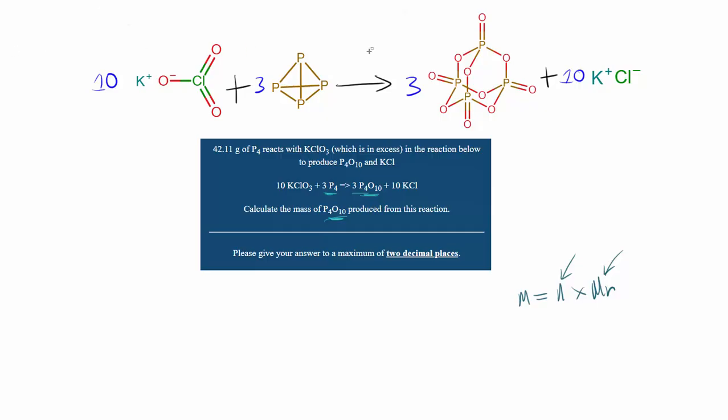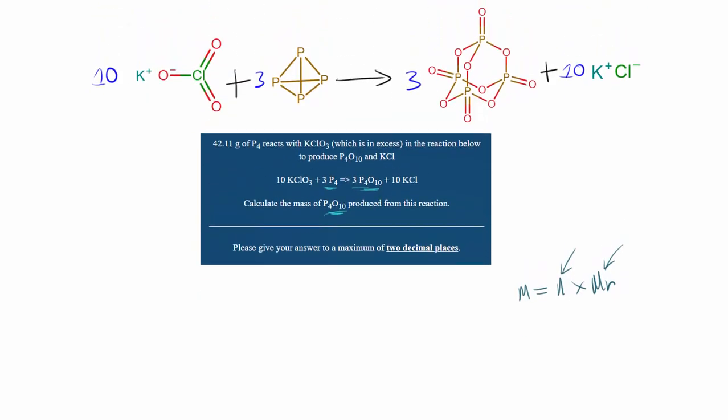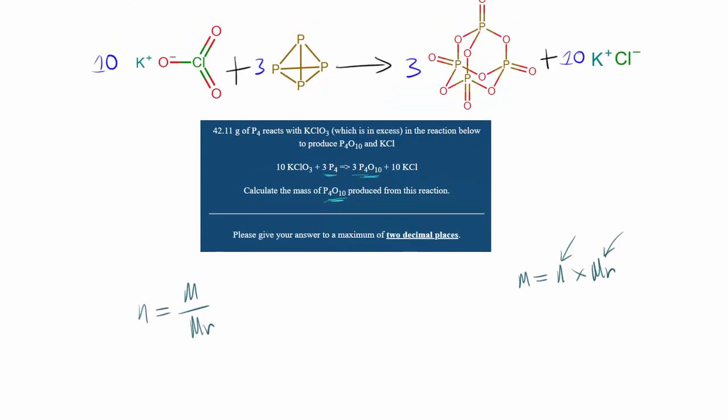So if we consider the equation that links the moles, mass, and molar mass, but with moles as the subject, so if we divided both sides of this equation by the molar mass, you would have M over MR effectively equals N. So that's effectively the number of moles is equal to the mass divided by the molar mass, right?